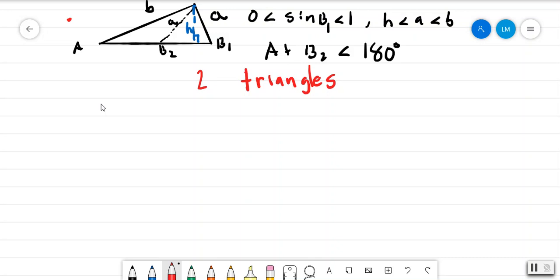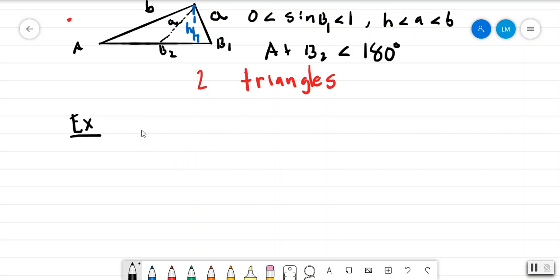So let's say that we have the following example. Okay, so again, if you want to see examples of when you have one triangle, just look at the previous video in 7.1 and using law of sines.